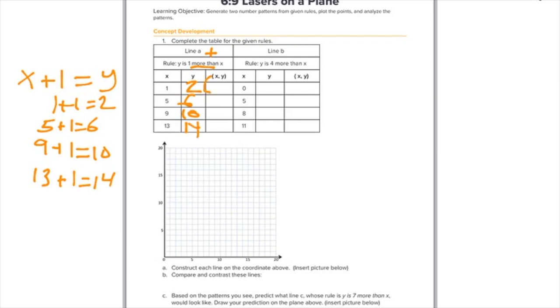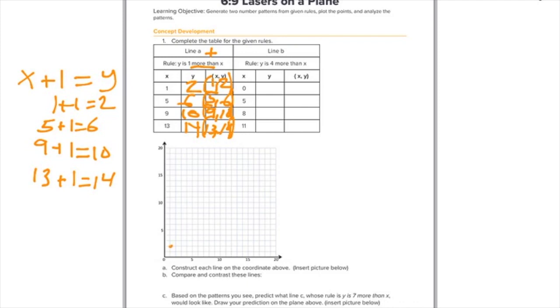Okay, then we create our coordinate pairs. We have 1, 2, oops, that was a 5, 5, 6, 9, 10, and 13, 14. It's hard to write really small with this pen. That's the rule. It stayed the same the whole time, and now we're going to plot it.